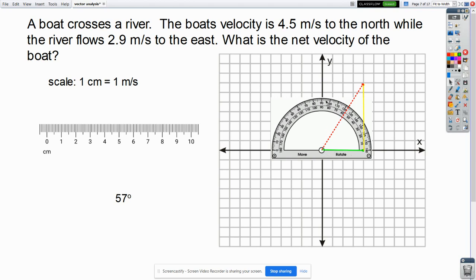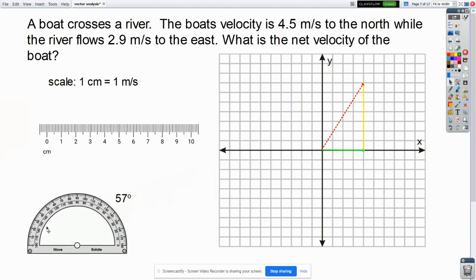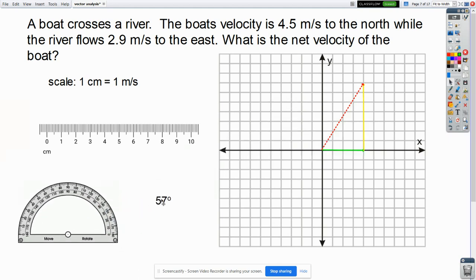If I had been doing the angle over here, which is what I would have got if I had done the yellow one first and then the green one, my resultant would have been the same length and my magnitude would have been the same, but I would have been measuring this angle over here most likely. And I would have to recognize that it would be 90 minus whatever that angle is. So again, it's kind of important which direction you draw them, because it could make your life easier in the end.